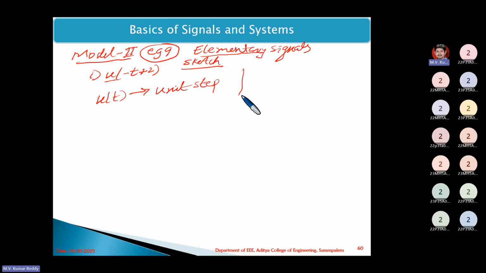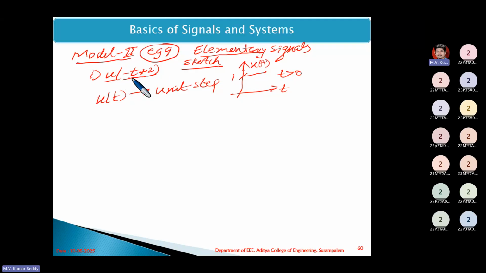This is the graph of u of t. This value is 1, and this is t greater than 0. So we take this as the original waveform. For this original waveform, we have to do minus t plus 2.